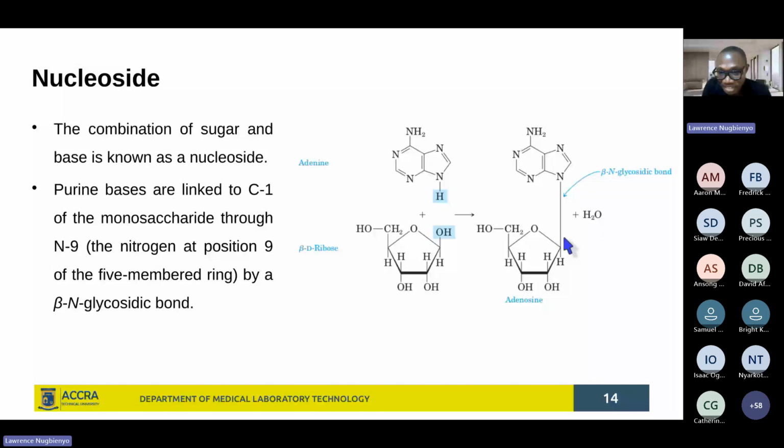Of course, did you listen to the name nitrogenous base? This is a base. It's not an acid. So of course, that hydrogen which is coming to interact, you cannot refer to it as an acid that is reacting with that hydroxyl group. And the sugar is also not a base. I think practically, if you are in the lab, you take any of these sugars, you can try it out.